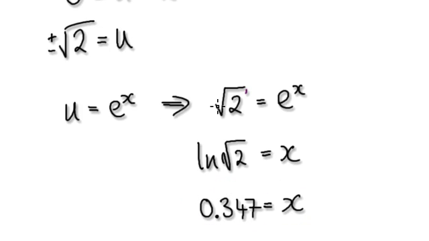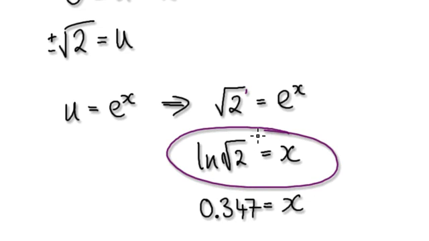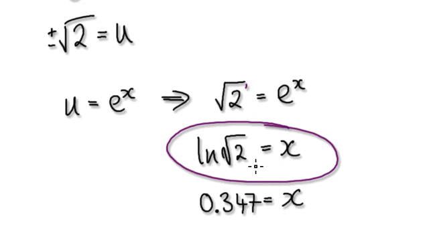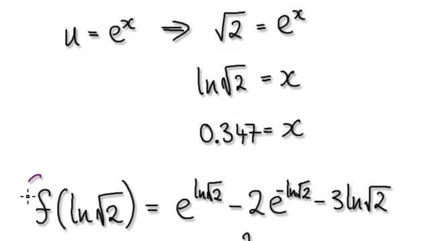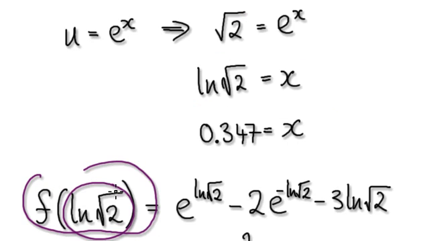So the point is that we've got an inflection point at x equals the natural log of square root of 2. Now find the y-value using the original function: find f of the natural log of square root of 2.